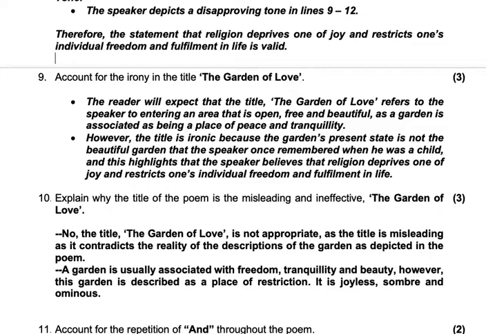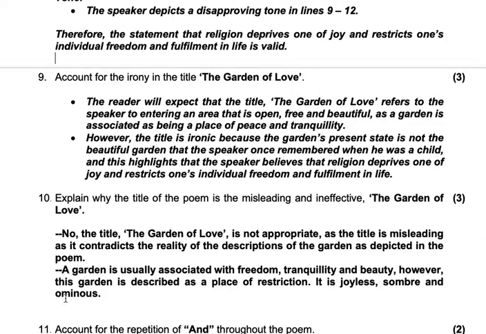However, based on our knowledge of the poem as a whole, was that expectation met? No, it wasn't, because what we associate with the garden is not being represented in this poem. And that's why the title, The Garden of Love, is ironic.